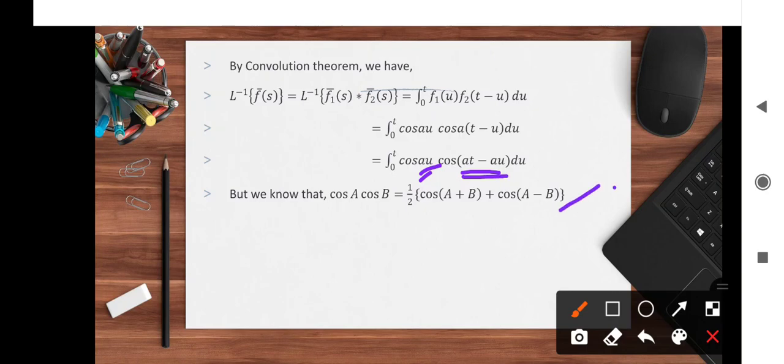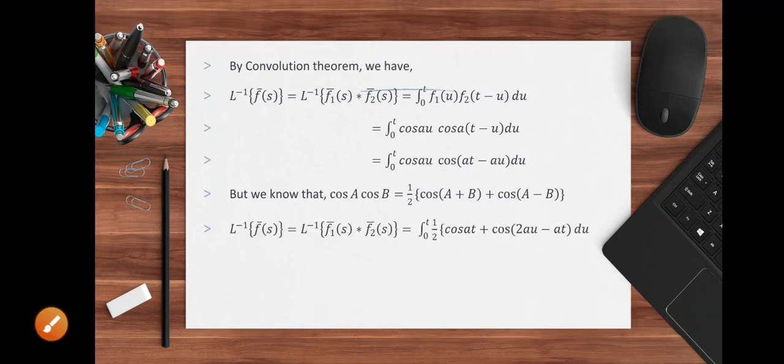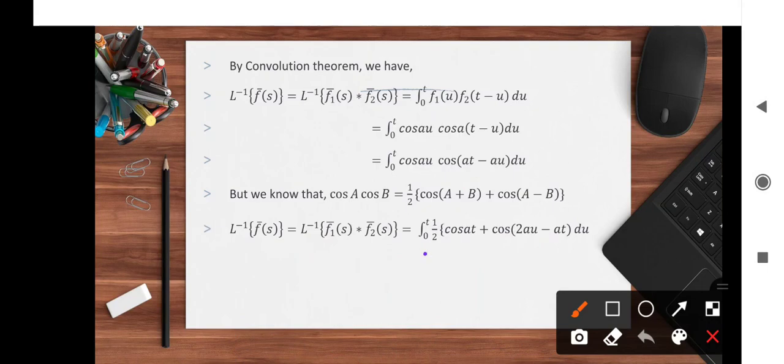So after applying this trigonometric result, you get the integration in a more simplified form as integration from 0 to t of 1 by 2 [cos of (a plus b), with this a and this b you get cos at, and cos of (a minus b), for these a and b we get cos of (2au minus at)], and you have to perform this integration with respect to u. Here the curly bracket should be completed, it should be closed.